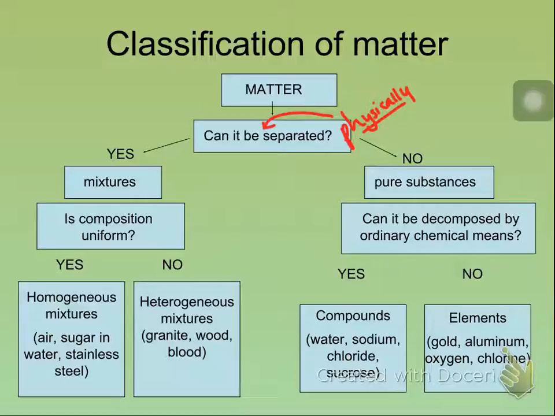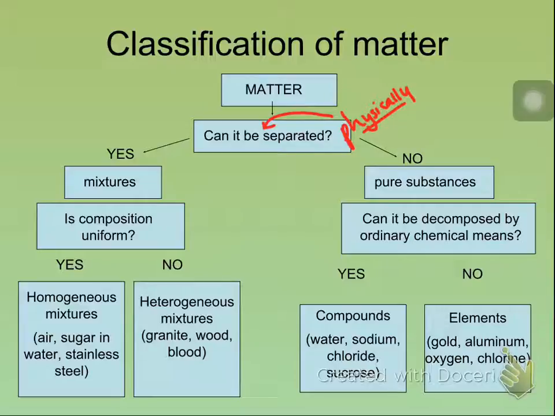So if I give you a bowl with flour and chocolate chips, can you pick out the chocolate chips? I bet most of you could very effectively pick out the chocolate chips and would be happy to do so. It's a mixture.